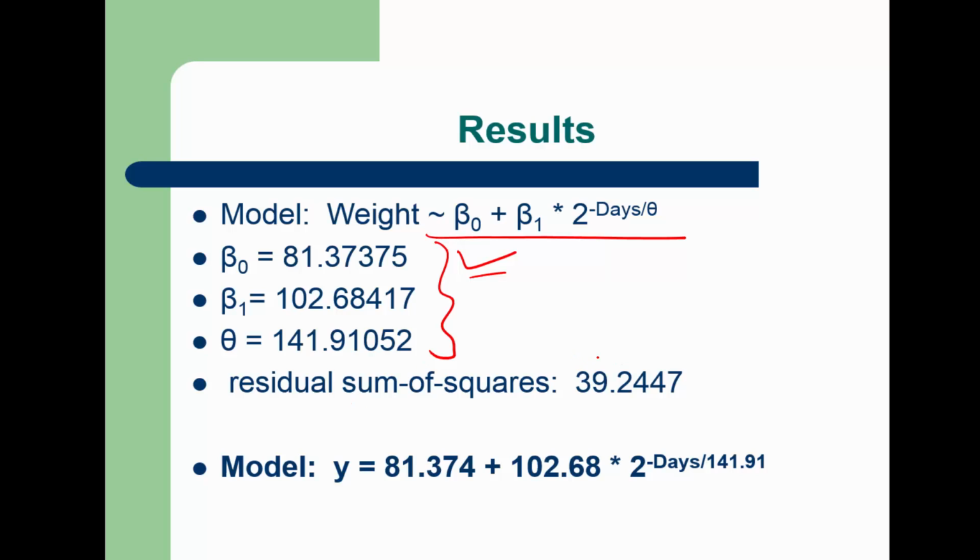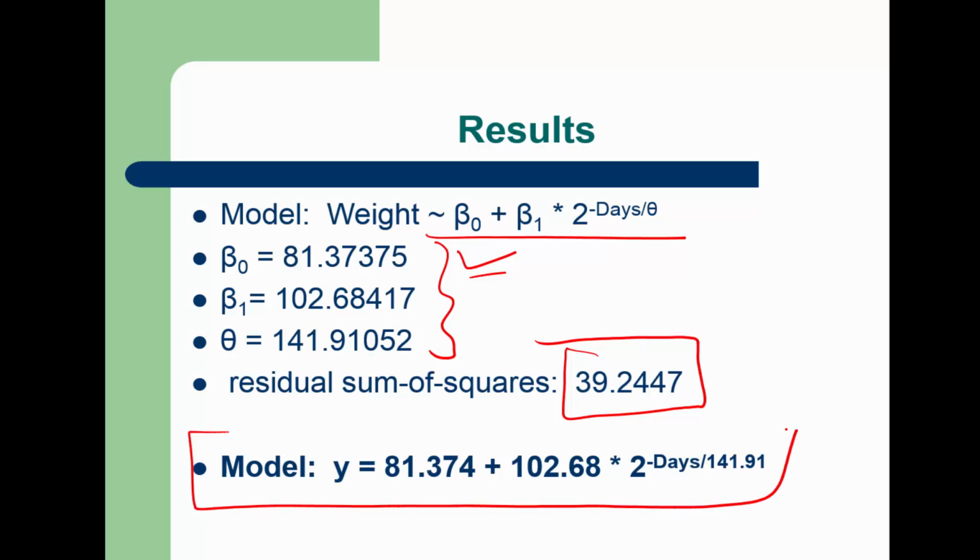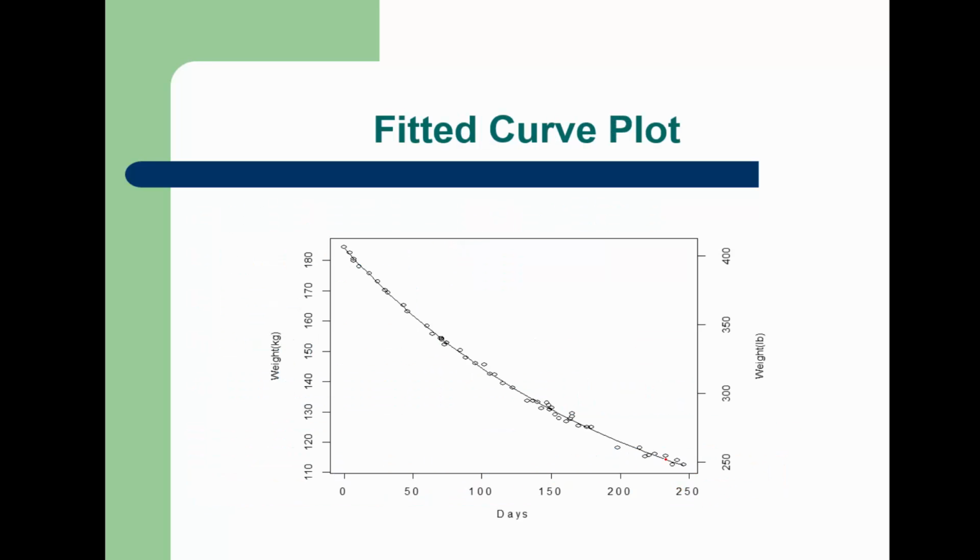The residual sum of squares for these estimates is 39.2447, and using these estimates you can write the final model. The final model looks something like this, with an intercept of 81.37, a slope coefficient of 102.68, and the exponential coefficient of 141.9.